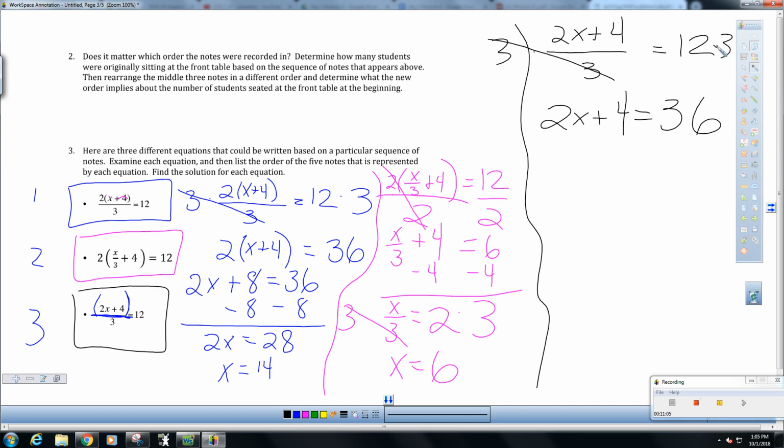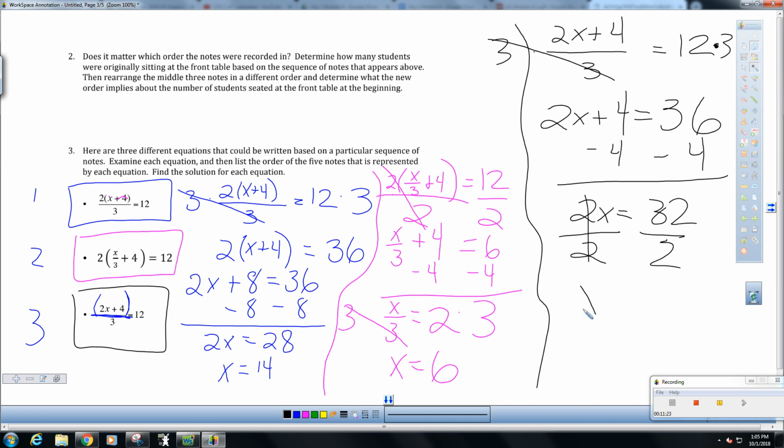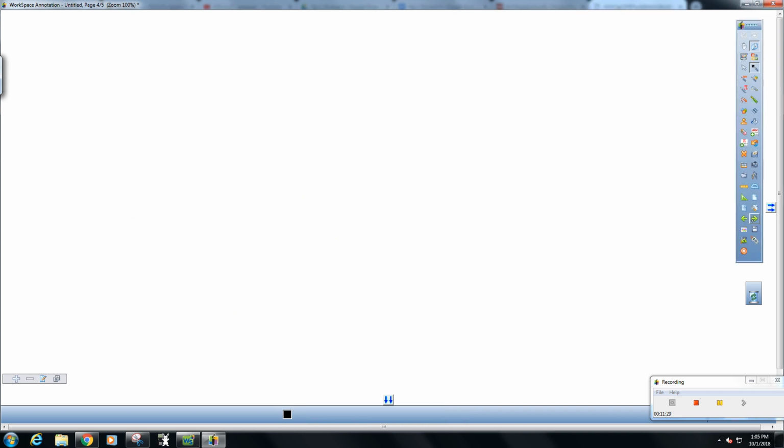Remember, that's not 1, 2, 3, it's a times. I want to get rid of the addition and subtraction first, so I subtract 4. And then I divide each side. You get x equals 16. So notice you get a different answer for each problem. So the order of the post-it notes does matter.